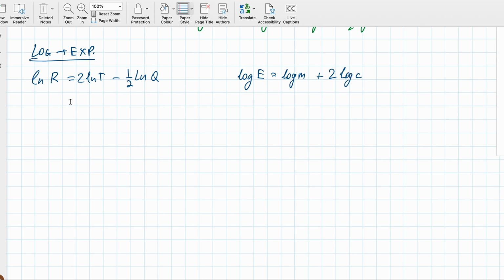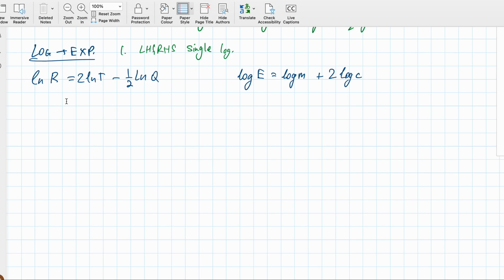Okay, now in this one here, the first step is we want to express both sides, left-hand side, right-hand side, as a single log. So let's do that now.